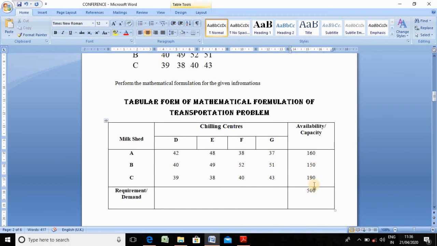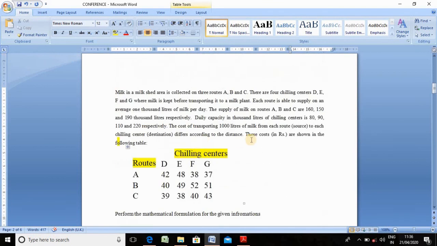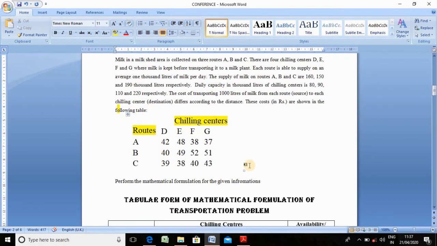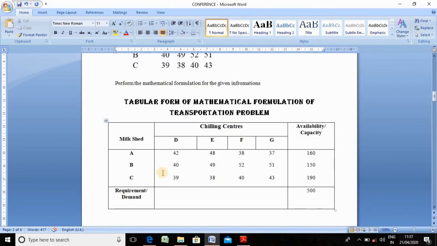Total availability or capacity is 500. And now let us look into the chilling center requirement. The requirement for D is 80, E is 90, F is 110, and G is 210.